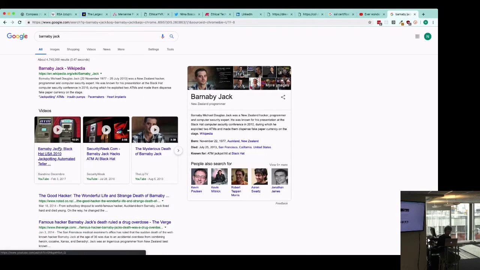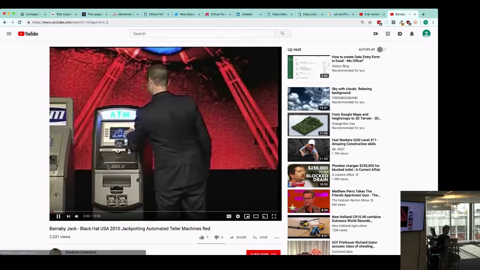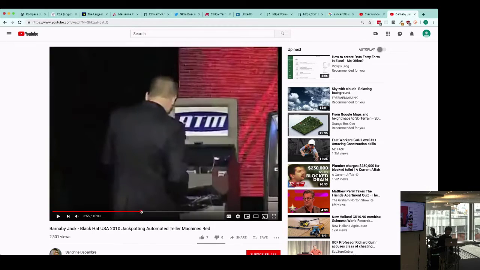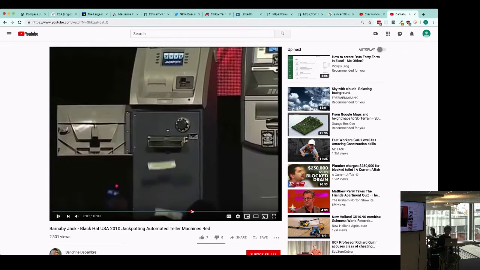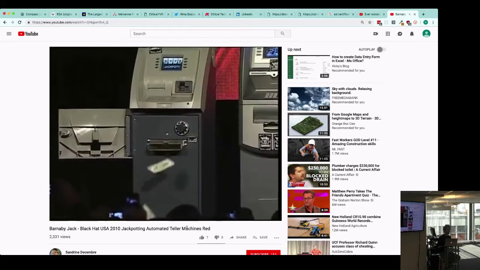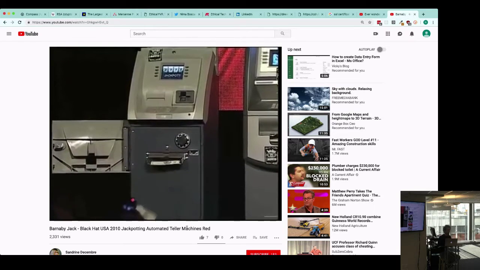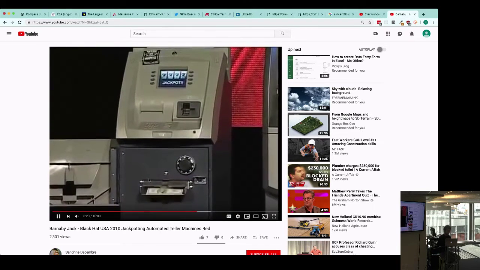They were particularly famous because they would do these insane demos at computer security conventions, such as this demo here, where Barnaby Jack brings on two ordinary ATMs and has them return money. These are ordinary ATMs, and he hacks them to print out money. So somehow he hacked them. And it's just bizarre. It just keeps printing out money.